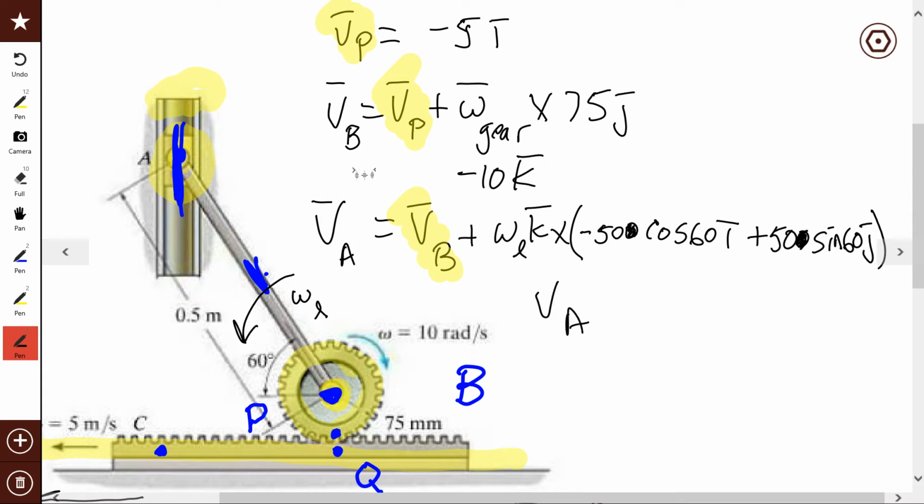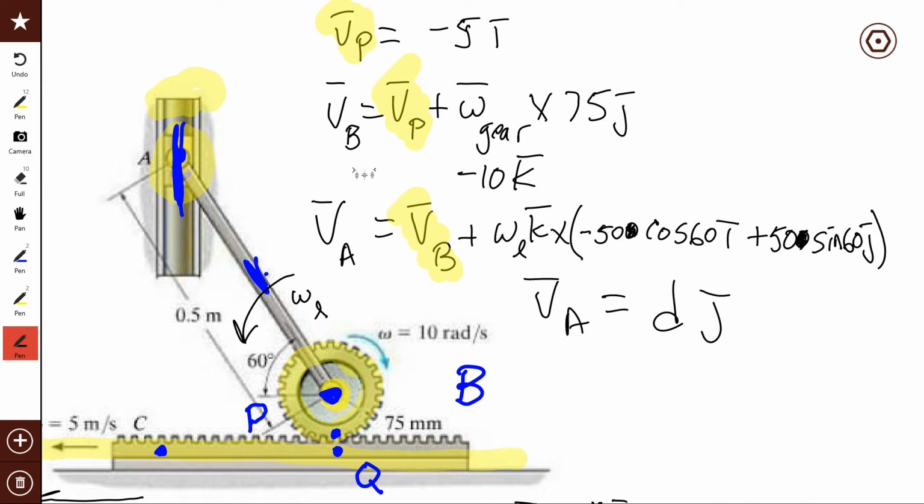Velocity of A is straight up and down. Let's call that VA j. Isn't that true? Yes. Okay, now how many unknowns? 4. I've got the VAi, VB, VAj, and omega. But I've got an i equal an i, and a j equal a j. So it's working out.